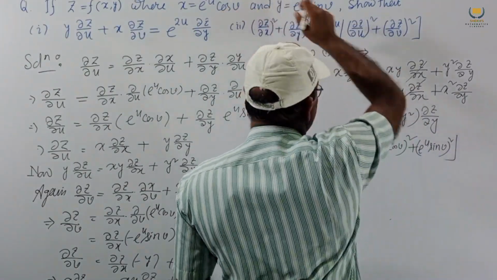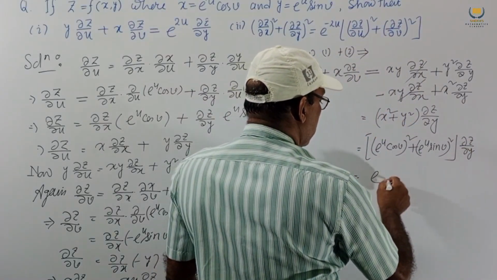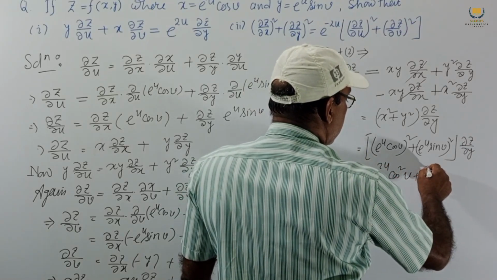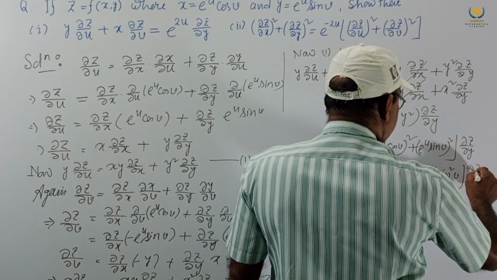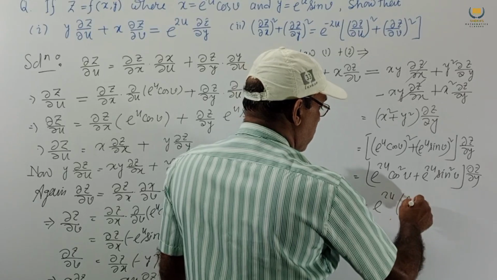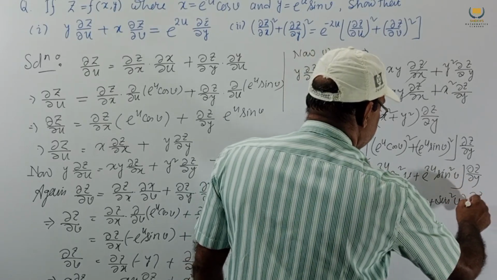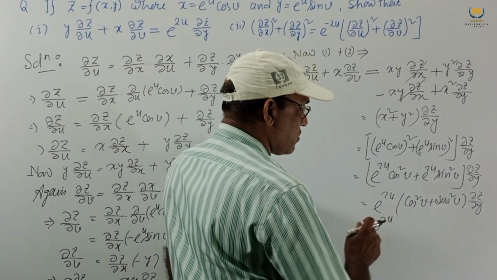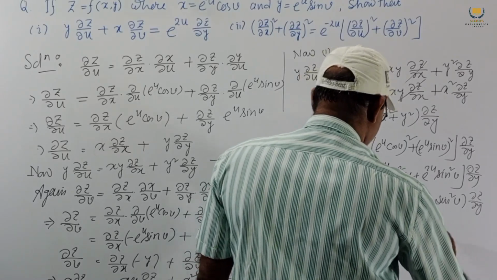Putting the values of x and y, we get e to the power twice u cos square v plus e to the power twice u sin square v, del z del y. Taking e to the power twice u common, we get (cos square v plus sin square v) del z del y. So cos square v plus sin square v means 1.